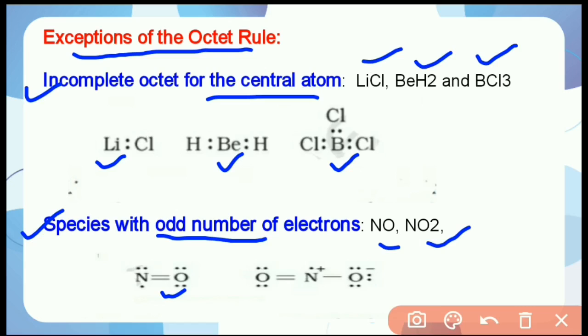Same as in nitrogen dioxide, the 8 electrons of the second oxygen are completed by donating one electron pair to the oxygen atom, and nitrogen has an odd electron. So in both cases nitrogen has less than 8 electrons.